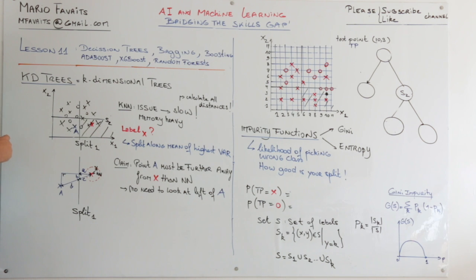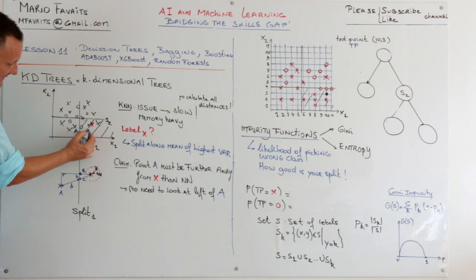So that means that while splitting, you actually eliminate all the data points on the left of split number 1. Again, we're going to prove that the distance from the red cross to the point A here will always be bigger than the distance from the red cross to its nearest neighbor. And in our case, this one here is the nearest neighbor.